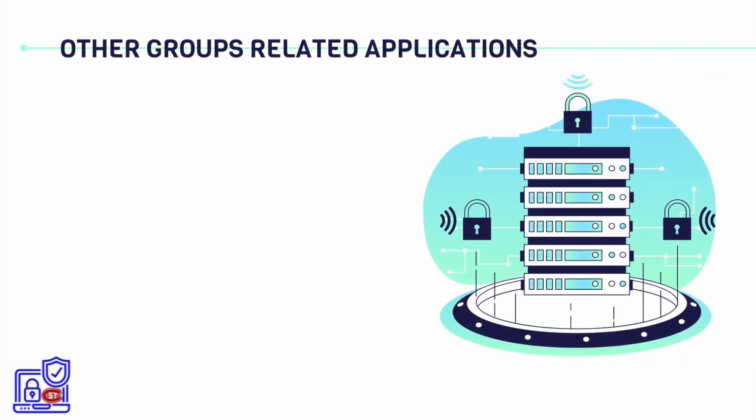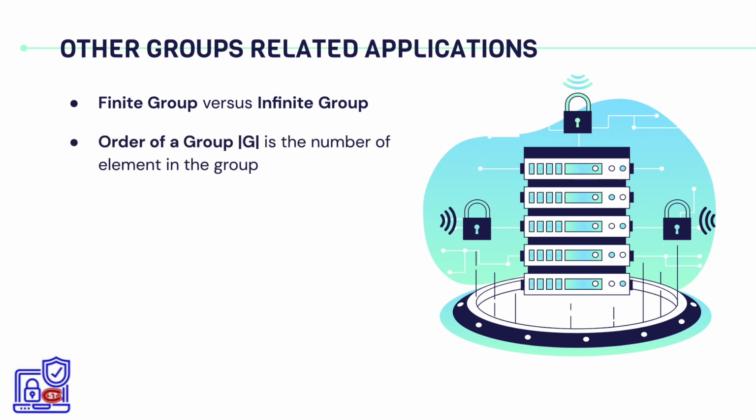Other group-related topics that will also be good to learn about include finite and infinite groups, the order of a group, and subgroups. A group is finite when its set has a finite number of elements. Otherwise, it is an infinite group. Next is the order of a group. It simply means the number of elements in the group. So if the group is finite, its order is finite and vice versa.